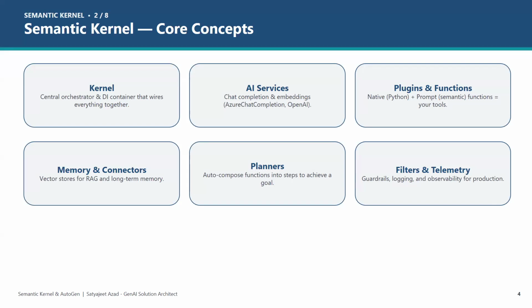Now, the second point is something called AI services. A kernel behaves like a tool, but we need one LLM. In any agentic system, the formula that I gave you is AI agent equals LLM plus tools.